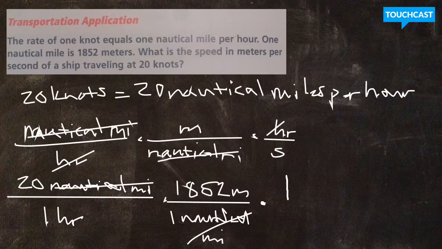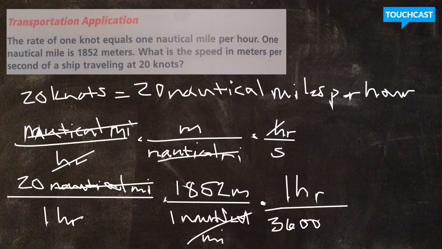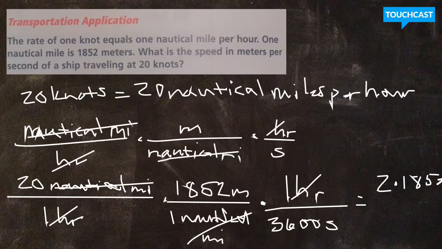Times, we know that 1 hour, from our last couple problems, has 3,600 seconds. So we can get rid of the hour label, which means in our numerator we have 20 times 1,852 meters, and in our denominator we have 3,600 seconds. So let's do some multiplication and then some division.